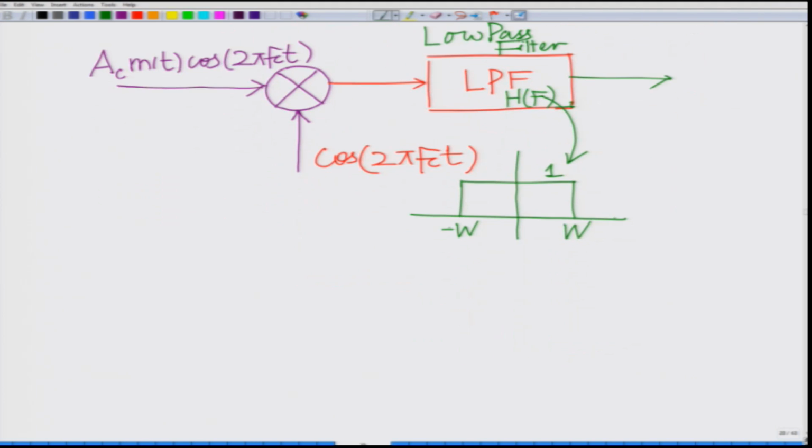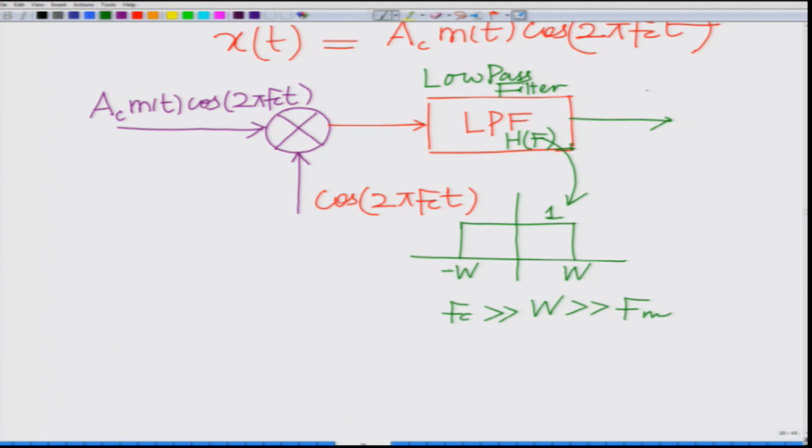The cutoff frequency W is chosen such that f_c is much greater than W, which is much greater than f_m, and this is possible because f_c is much greater than f_m. The output of this LPF is therefore given as half A_c m(t), so now we have recovered our message signal m(t). This is basically the schematic diagram.